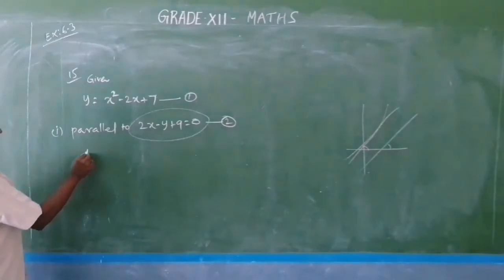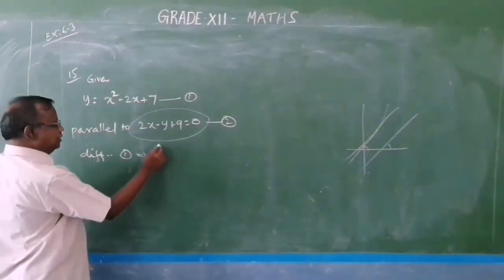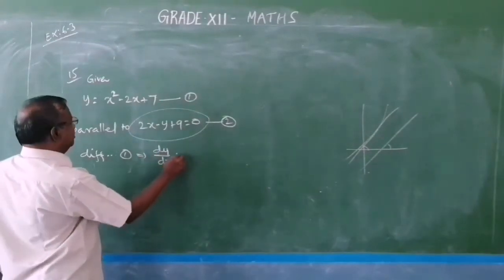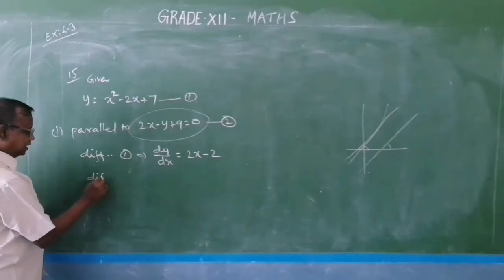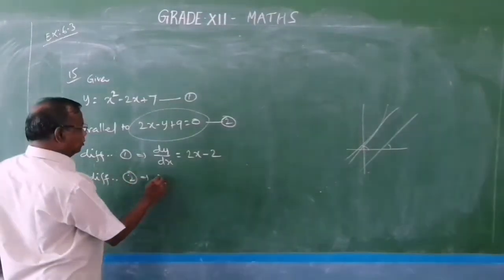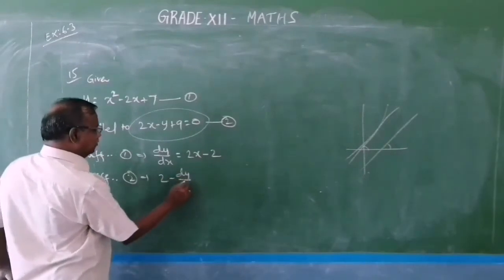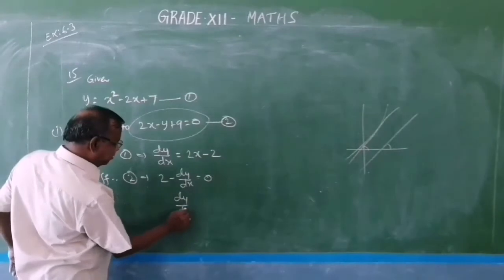Now differentiating equation number 1, we have dy by dx equal to 2x minus 2, and differentiating the second equation we have 2 minus dy by dx equal to 0 or dy by dx equal to 2.